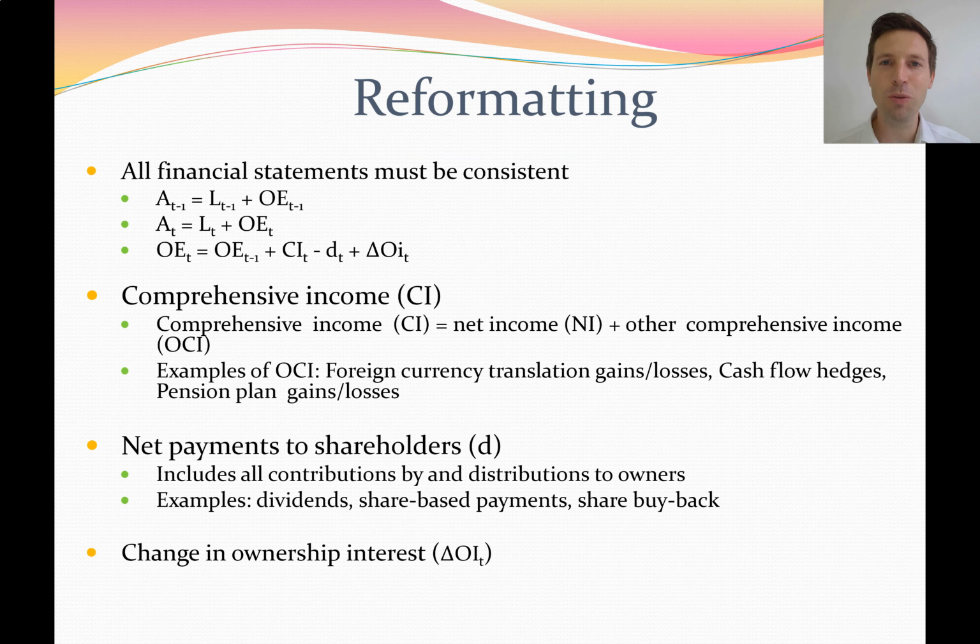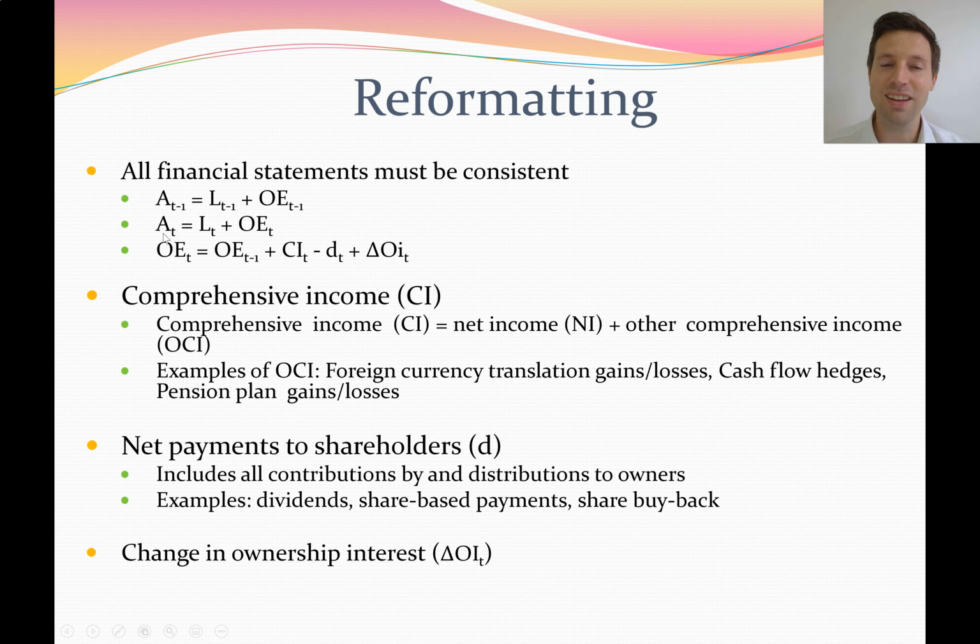So to do our reformatting, we need to remember some basic accounting identities. We need to know that assets last year, so T-1 refers to time period minus 1, equal our liabilities last year plus owner's equity last year. It's the balance sheet equation, assets equals liabilities plus owner's equity, but the T-1 subscripts are referring to last year.